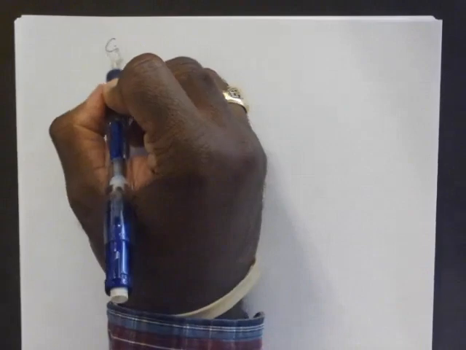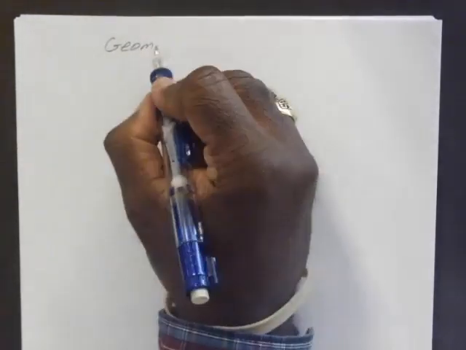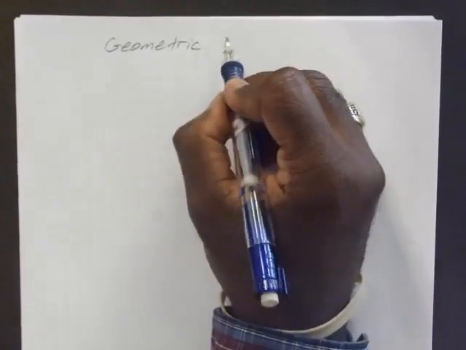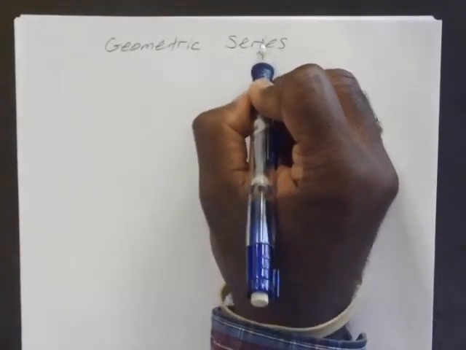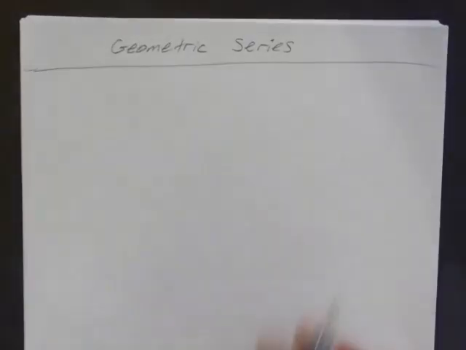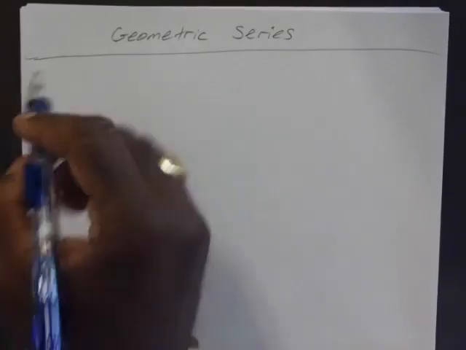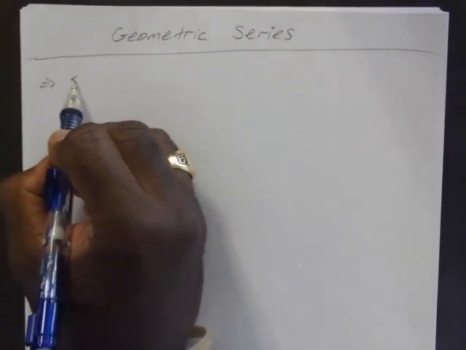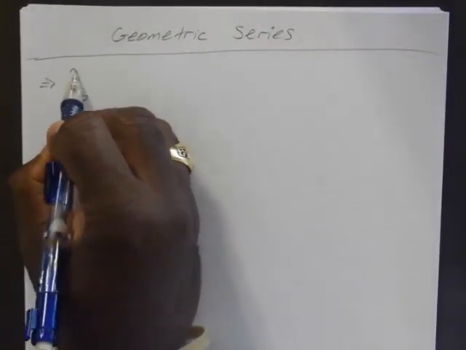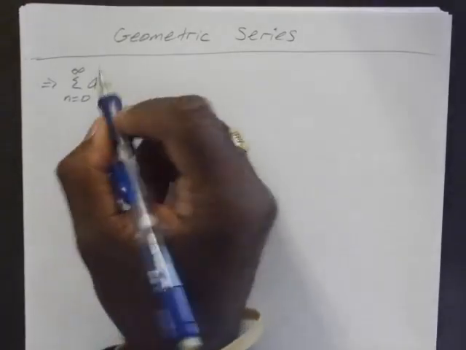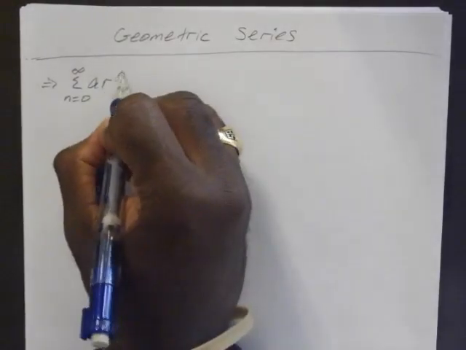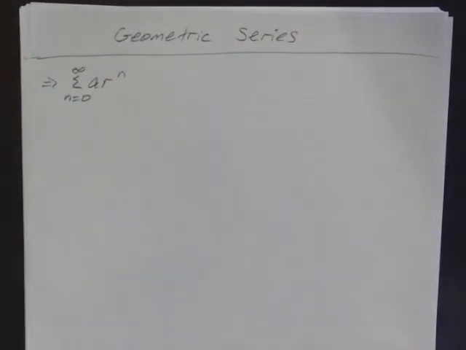Okay, so now we're going to take another, more in-depth look at the geometric series. We kind of tiptoed around it before. The geometric series is the sum from n equals 0 to infinity of a constant times r to the power of n, where your ratio is to the power of n.